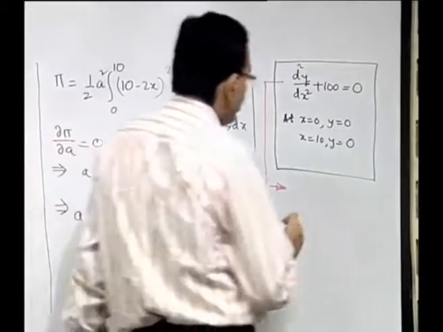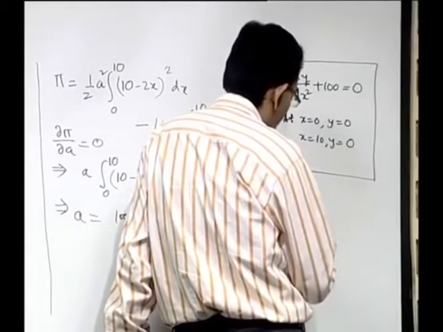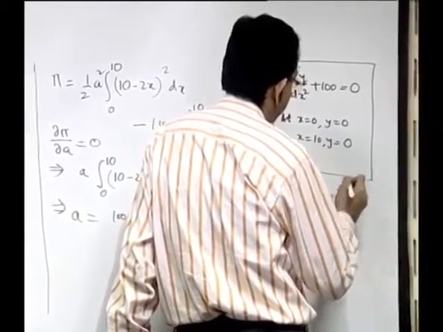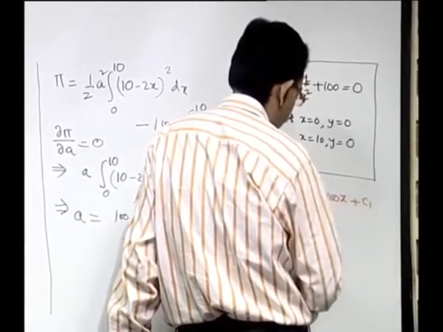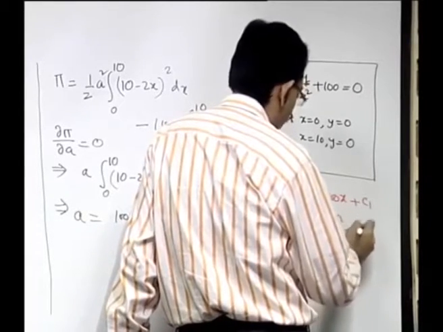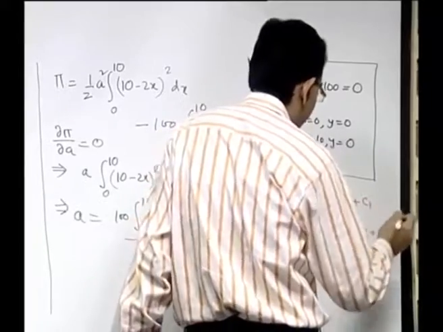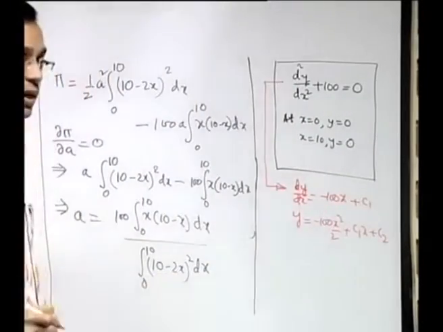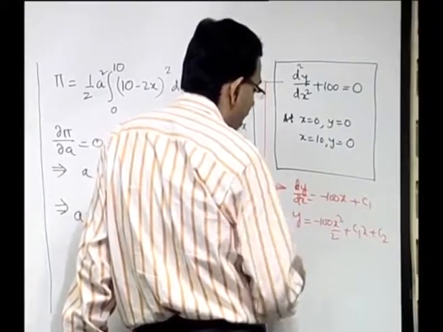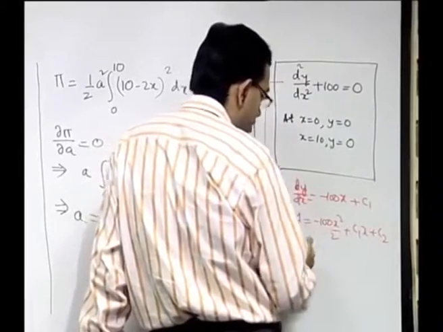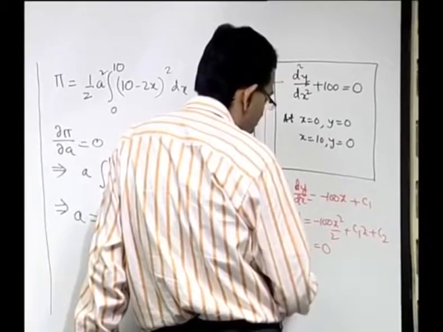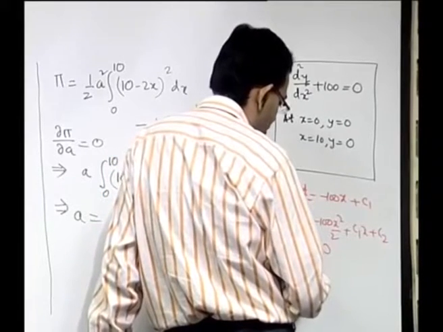You integrate it once, dy dx is equal to minus 100 x plus c1 and y is equal to minus 100 x square by 2 plus c1 x plus c2. So, apply the boundary conditions. At x equal to 0, y equal to 0, that means c2 equal to 0. Second boundary condition, at x equal to 10, y equal to 0.